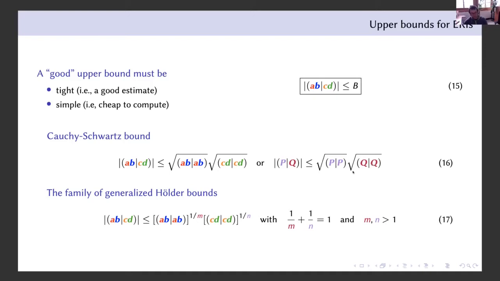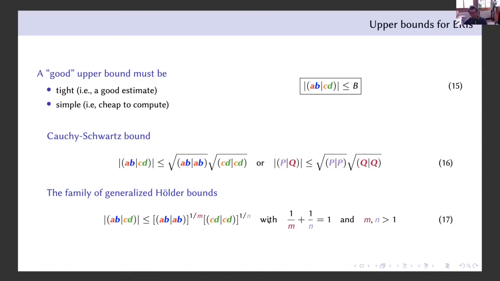For example, you can use the generalization of the Cauchy-Schwarz bound, which is called Hölder's bound. I don't know if you saw that in mathematics, but the square root and square is not the only norm that you can create in a Euclidean space. You can also use different values for m and n.